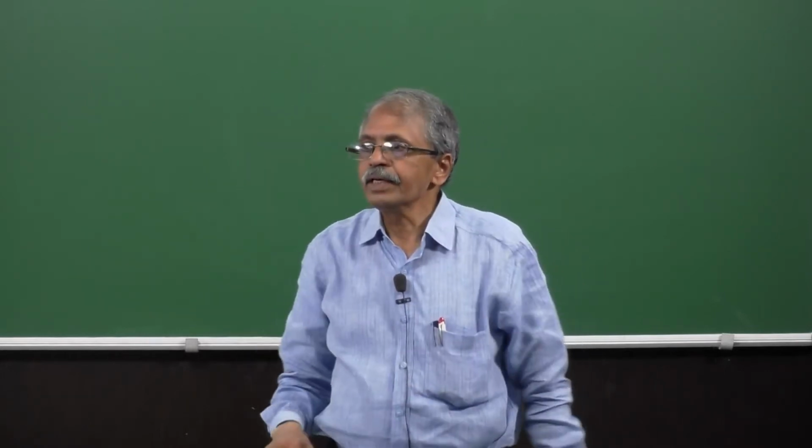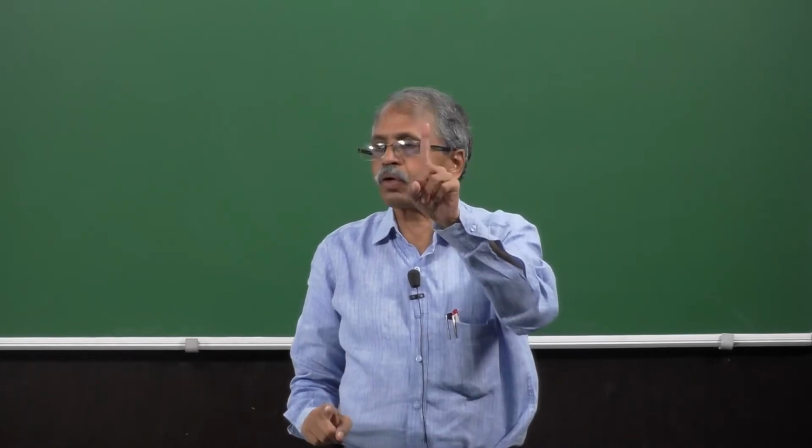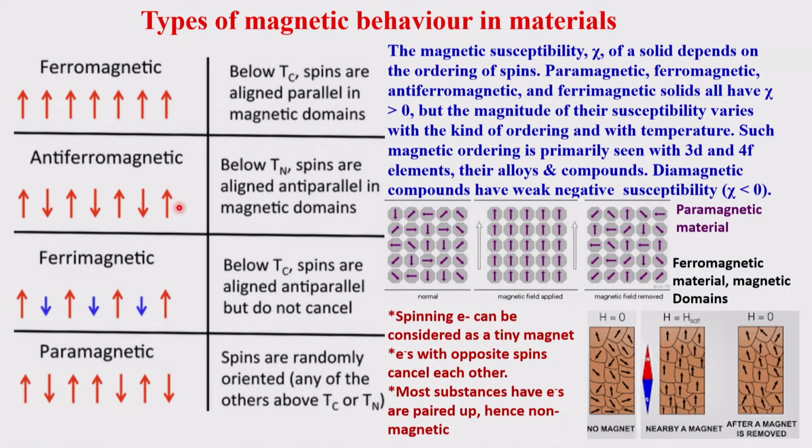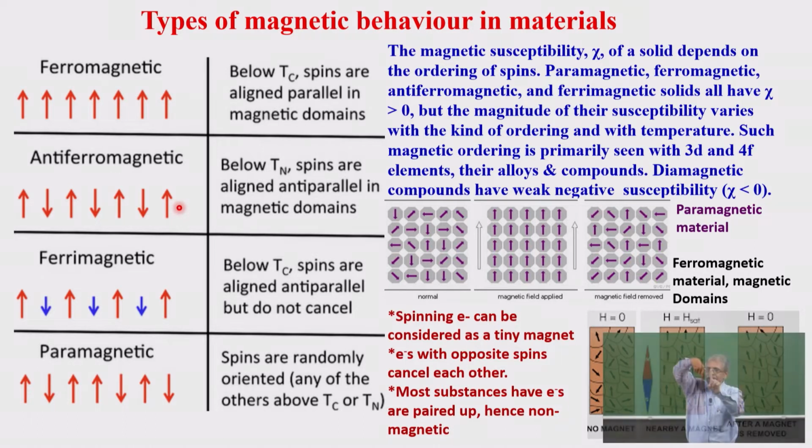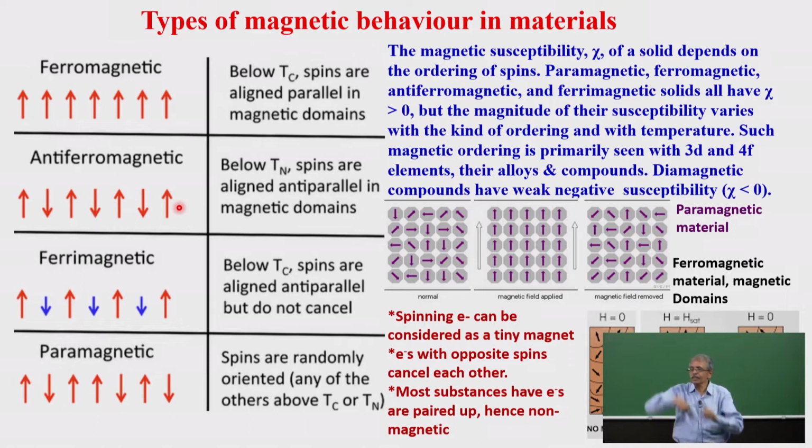These are all vectorial values, so one vector is exactly compensated by the one in the opposite direction. If you call one of them positive and the other negative, you can see the positive and negative getting cancelled out. If it completely cancels, that is what is called antiferromagnetic. So your paramagnetic behavior could get adjusted, the spins getting realigned depending upon the temperature. That is what we are studying now.